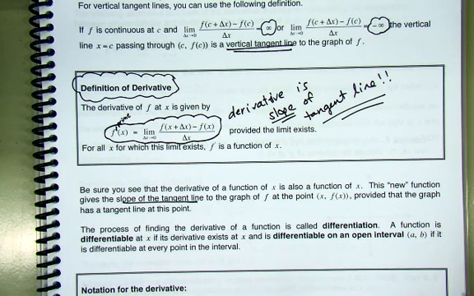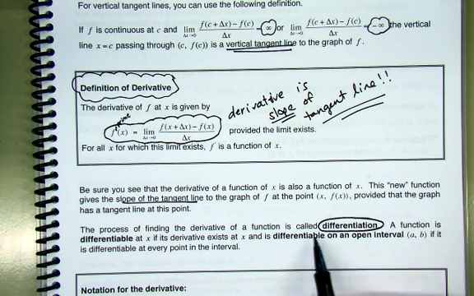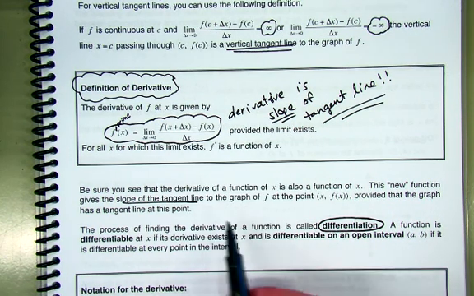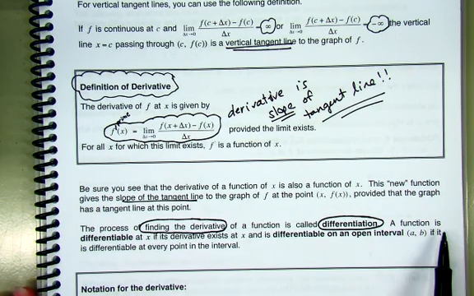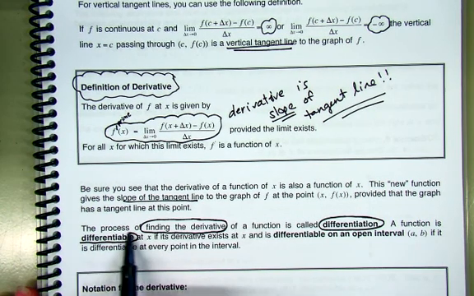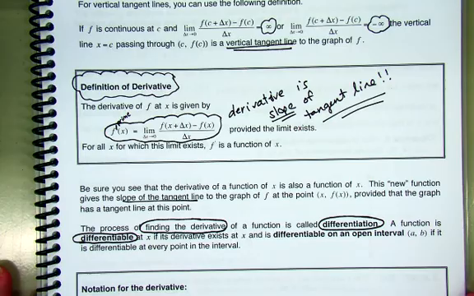So the word we use is differentiation. You are going to differentiate to find the derivative. Does that make sense? We also are going to ask you if things are differentiable. If something is differentiable, it means the derivative exists. And then we'll get into this open interval, closed interval stuff.